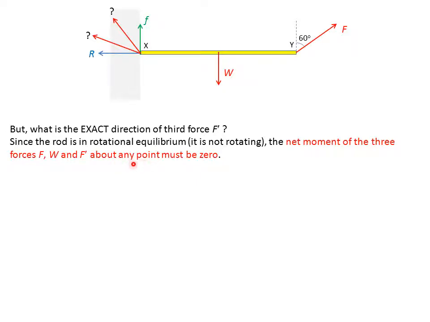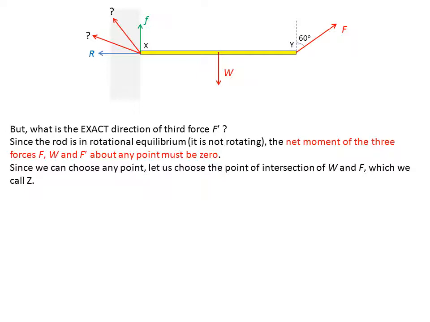We can choose any point, and if we calculate the moment, we will get 0. Okay, so since we can choose any point, why not choose a convenient point? Let's choose the point of intersection of W and F, right? Which I call Z. Okay, so I'm going to choose this convenient point as the point about which we will calculate the moment.